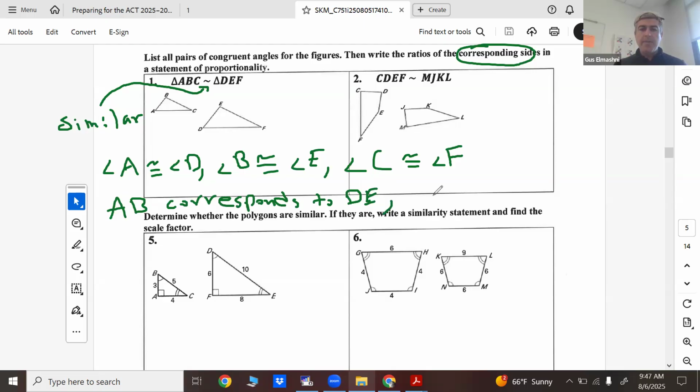And likewise with BC and EF. And I don't feel like writing all these words again. And AC and DF.